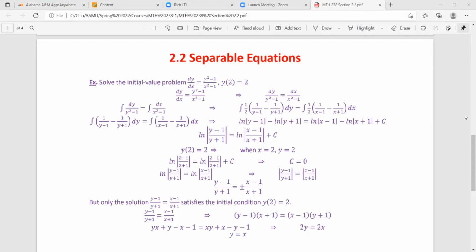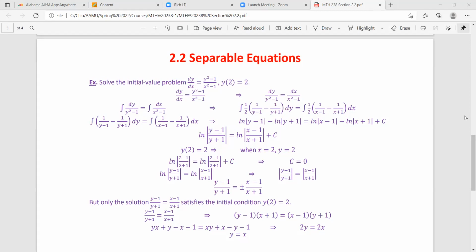So this time we have a problem to solve the initial value problem. So that includes a differential equation and the initial condition. But the way to solve it is always the same. The differential equation is dy over dx equals y squared minus 1 over x squared minus 1.